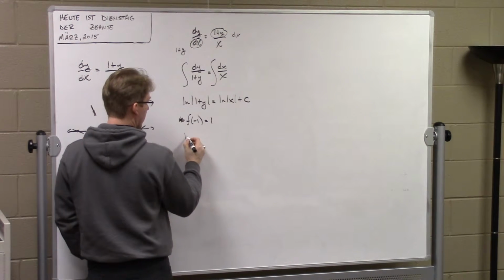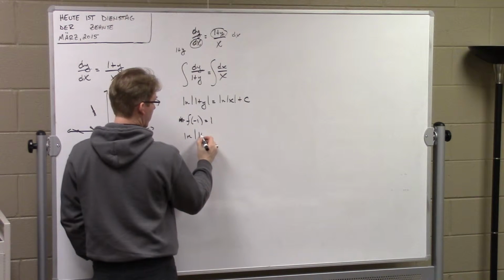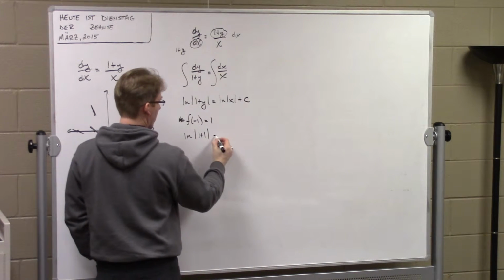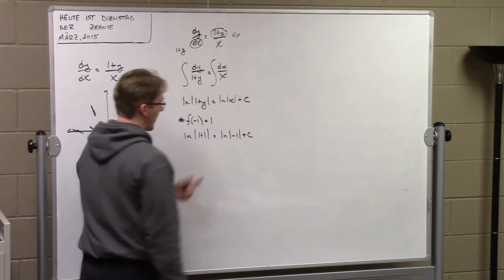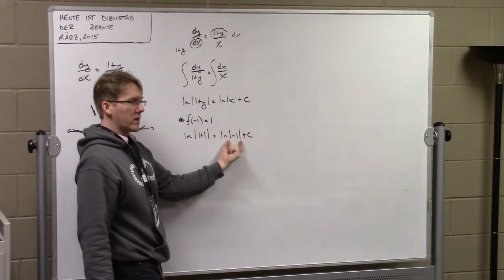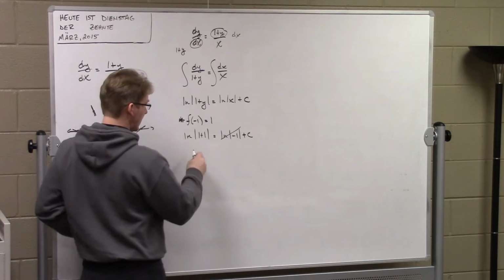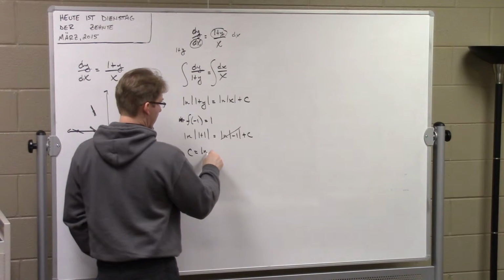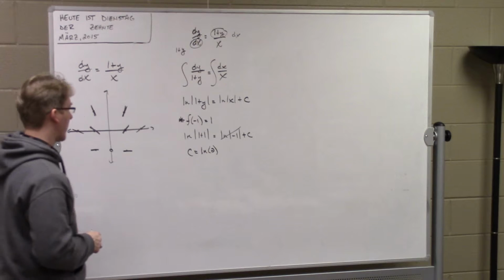That's going to give us the natural log of the absolute value of 1 plus 1, which is just 2. Over here we get the natural log of the absolute value of -1, plus c. The absolute value of -1 is 1, and the natural log of 1 is 0. So we get c equals the natural log of 2. Absolute value is not necessary because 2 is already positive.